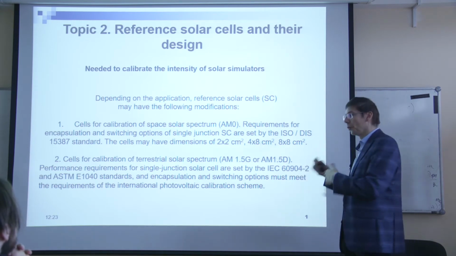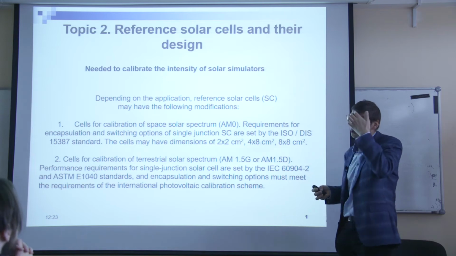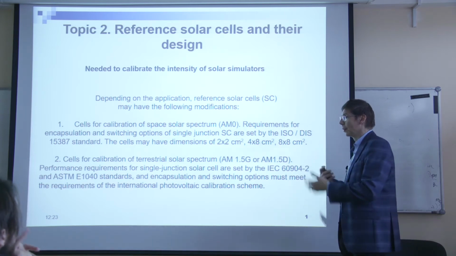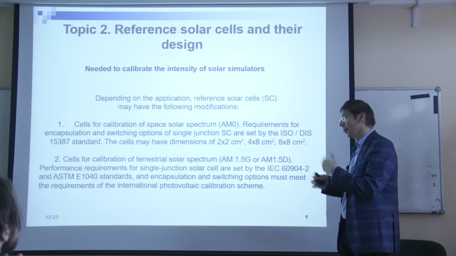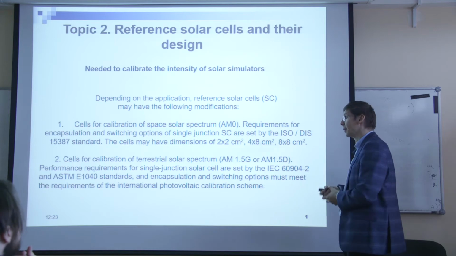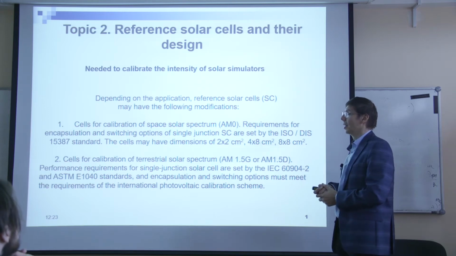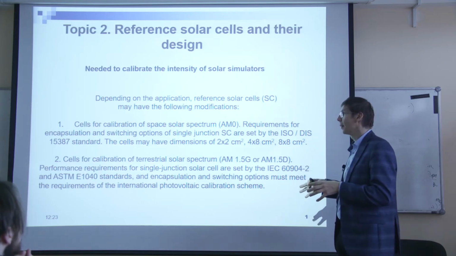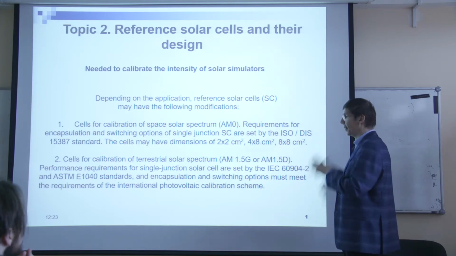It's not some photodetector. We can use some internal detector to control the intensity, to give some ideas, but if you want to perform a correct measurement, you have to use a reference solar cell.